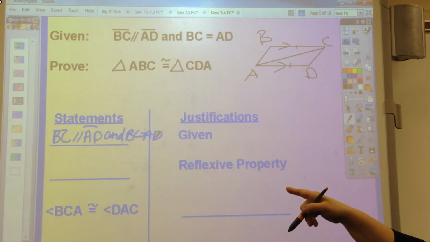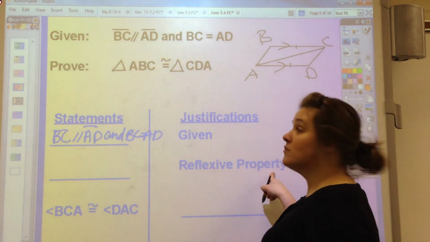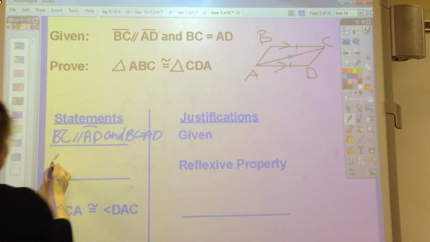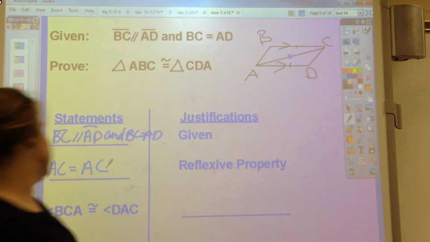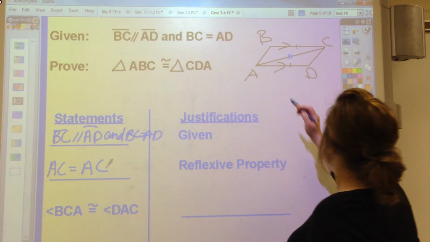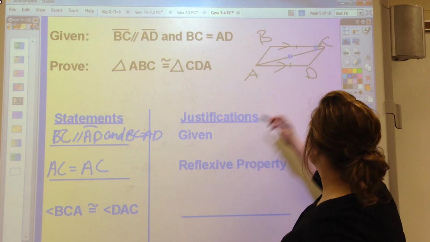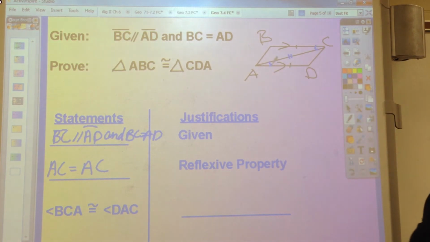So let's start with, what can we say due to the reflexive property? Hopefully AC equals itself. And then why can I say that the measure of angle BCA must be congruent to angle DAC? Do you remember that theorem about parallel lines and a transversal?